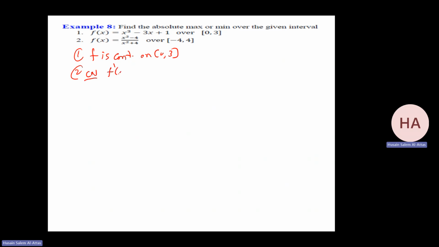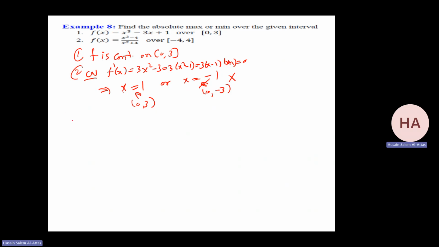I need to find f prime, which is 3x squared minus 3, which is 3 times (x minus 1)(x plus 1) equal to 0. So the zeros are x equal 1 or x equal minus 1. This belongs to the interval. This does not belong to the interval, so I don't care about this.